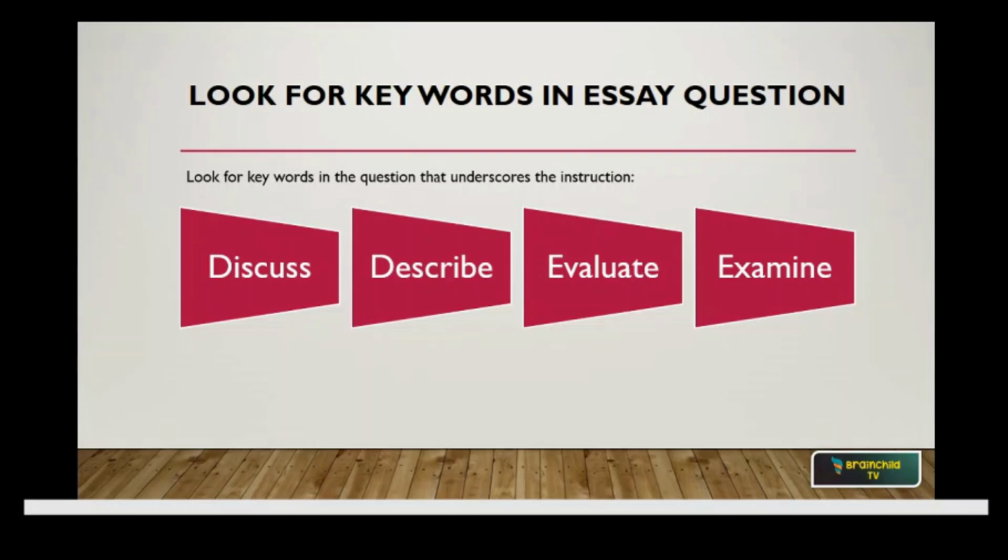The popular ones are discuss, describe, evaluate, examine, and so forth. You'll find these types of words as part of the instruction in your essay. So you need to spend time understanding what is being asked of you when you see these words.